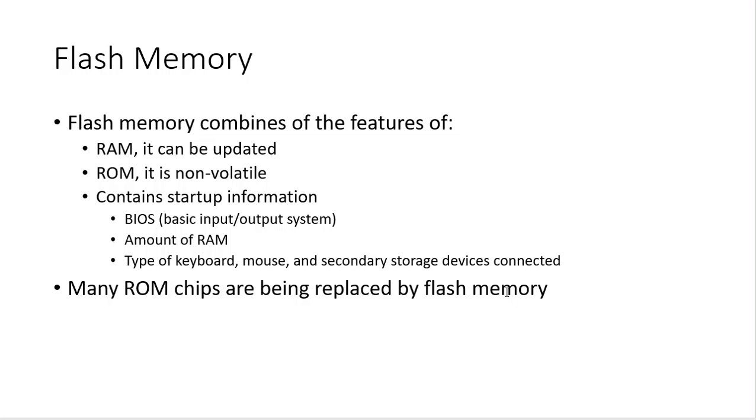Kalau konsep RAM tadi boleh di-update tapi dia volatile. Jadi dia menggabungkan kedua-dua konsep ini. Jadi kebanyakan ROM sekarang ni digantikan dengan flash memory, disebabkan dia non-volatile dan juga boleh update. Okay, dan dia mempunyai data berikutlah BIOS, amount of RAM, types of keyboard, mouse and secondary devices connected to it.